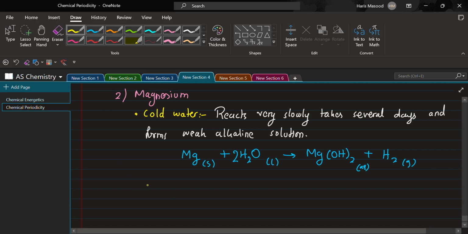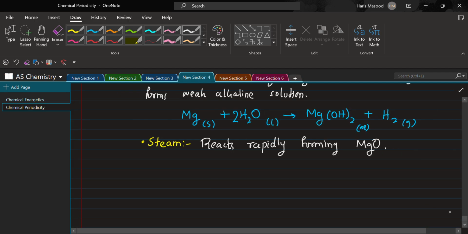But with hot water, or you can say steam, it reacts rapidly, forming not Mg(OH)2, now it forms MgO, because you are directly reacting it with steam.